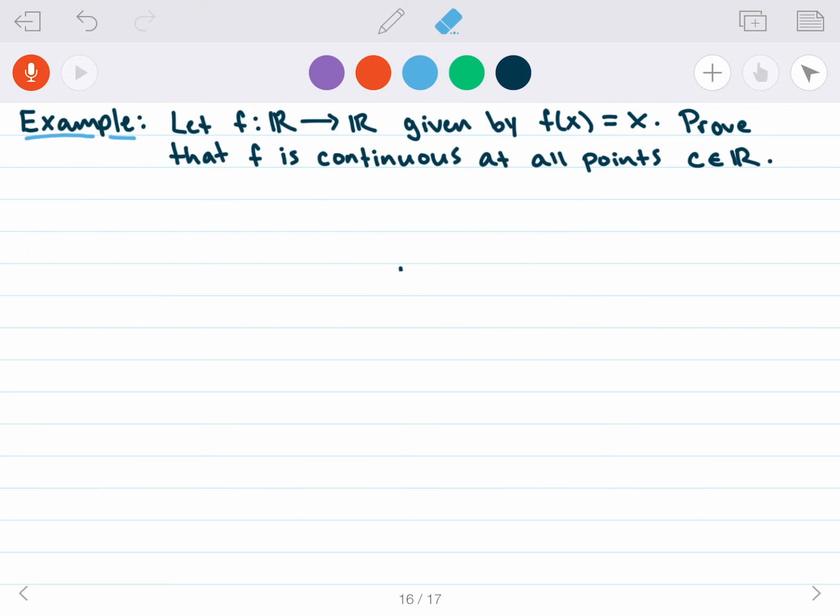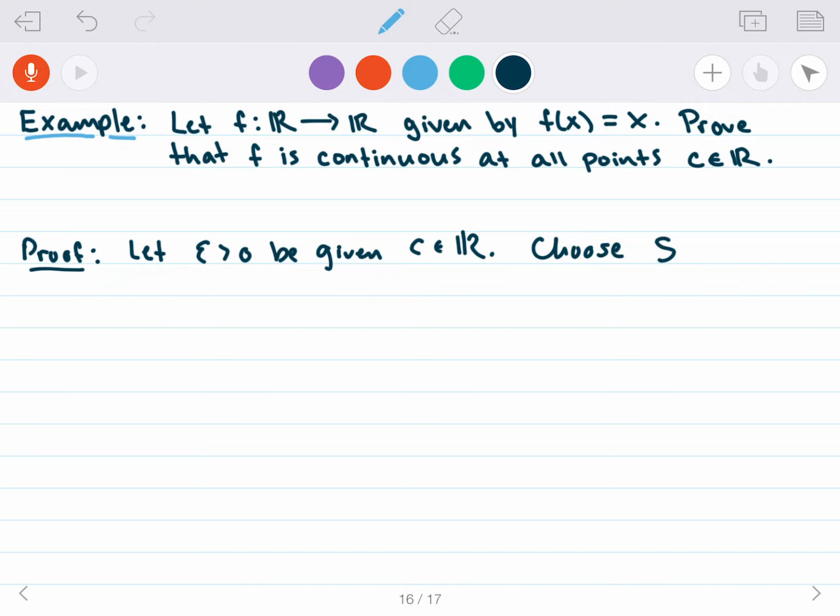So here's our proof. Let epsilon be given, and suppose that c is in the reals. We're going to choose our delta to be whatever epsilon you give me.